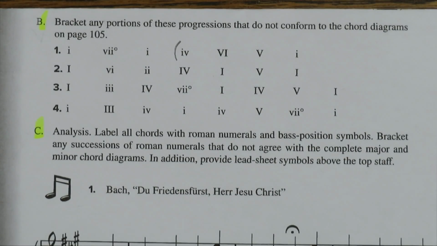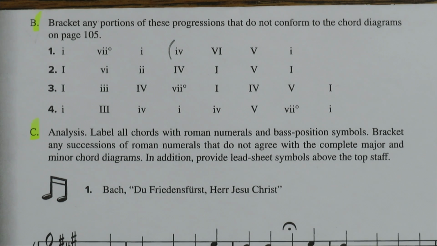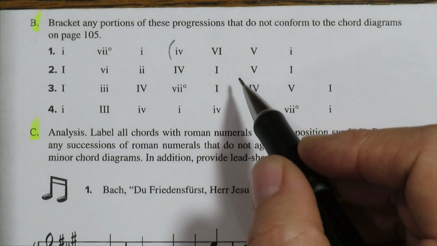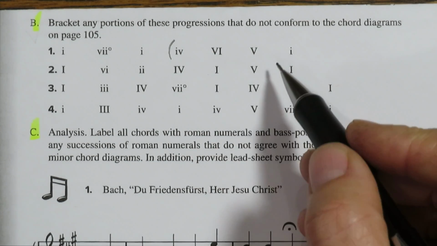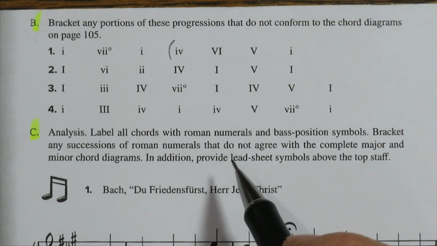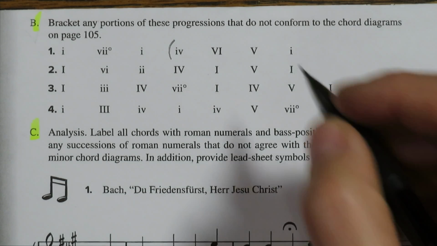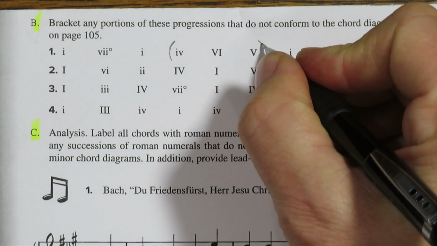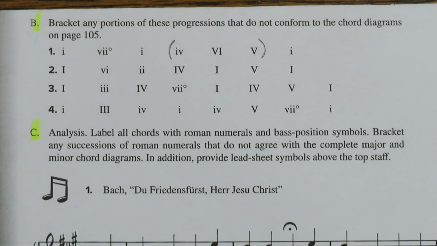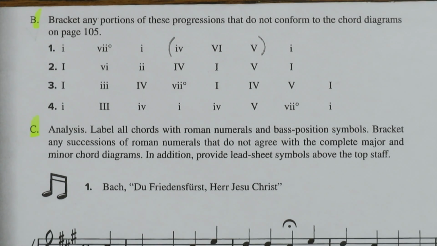But since any chord can move to the dominant, there is an exception there. So, if you want to be strict about it from that diagram, and it says to conform to the diagram, in this case, I guess we will include that, because we're trying to conform to just the diagram.